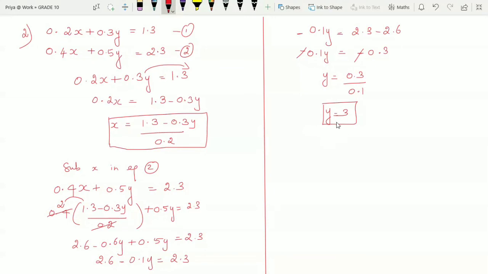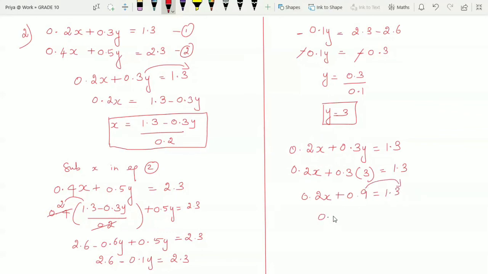After getting the value for y, I need to plug it into any of the two equations to get the value for x. So I'm choosing the first equation: 0.2x plus 0.3y is equal to 1.3. So 0.2x plus 0.3 times y, which takes the value 3 now, is equal to 1.3. 0.2x plus 0.9 is equal to 1.3.